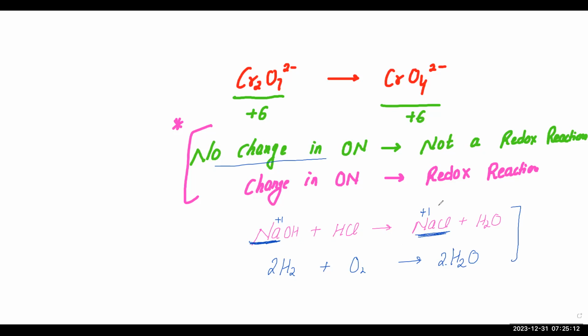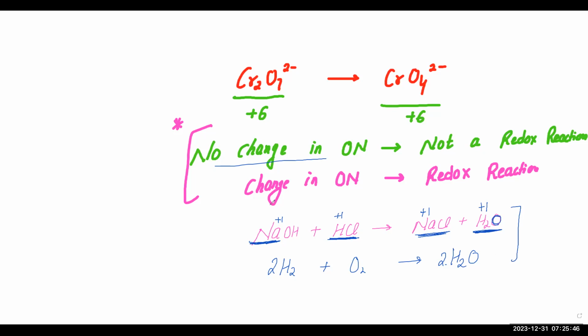Is there any change in oxidation number of sodium? No. What's the oxidation number of hydrogen here? Plus 1, because it has combined with non-metal. It's acidic hydrogen, is proton. And what's the oxidation number of hydrogen here? Again, it has combined with a non-metal oxygen. So what is here? Again, plus 1.